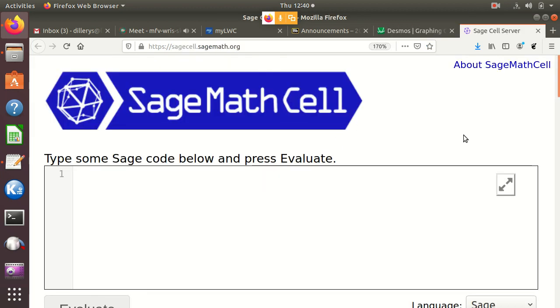Another technology is Sage Cell. We haven't done as much with that. It's a little more learning curve to do Sage Cell, but again, pretty much, I just need to tell it that I am using a symbolic variable, and I do that by saying var and space and x in there.